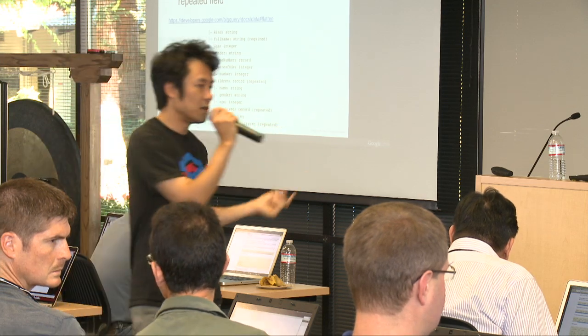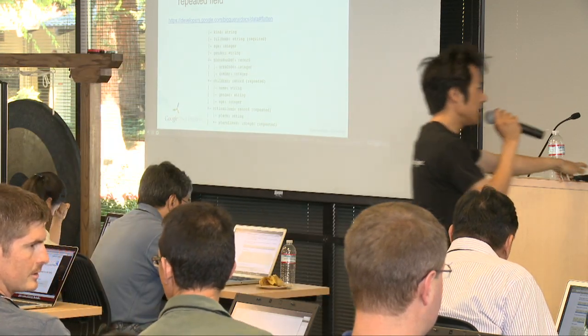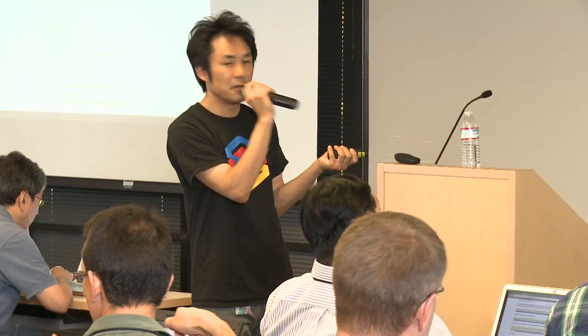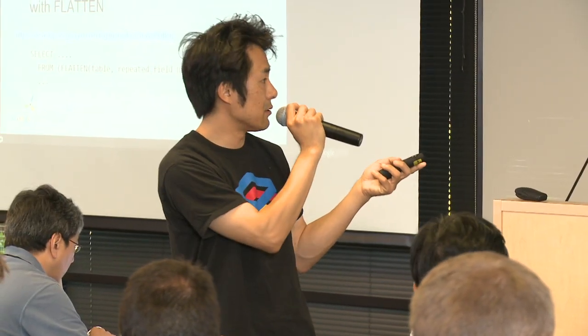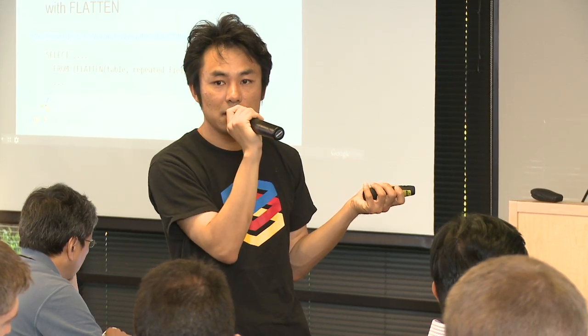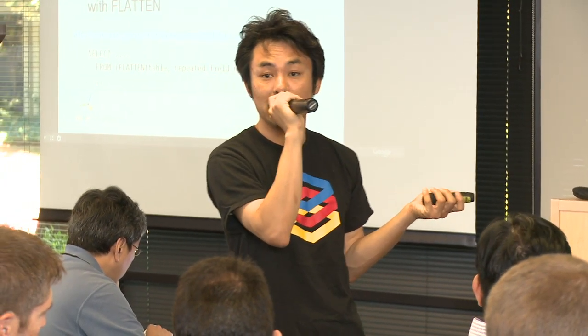In that case, we include two fields, and both come from repeated fields. In such a case, we don't flatten everything automatically.